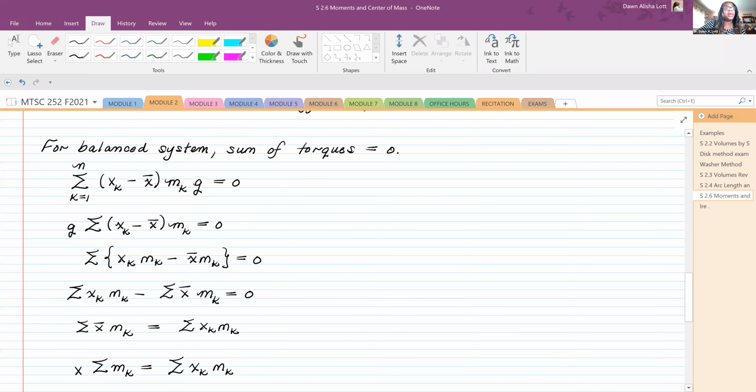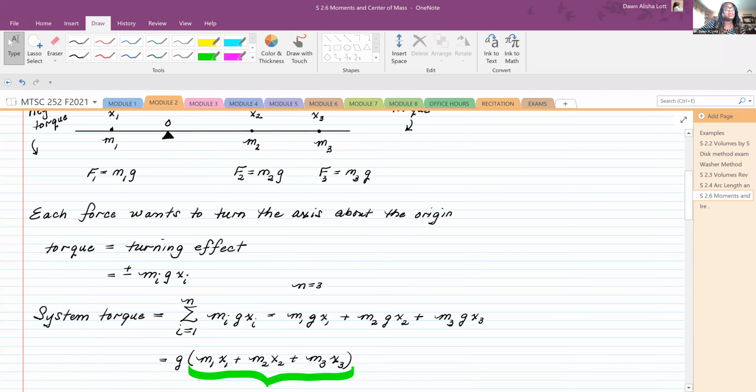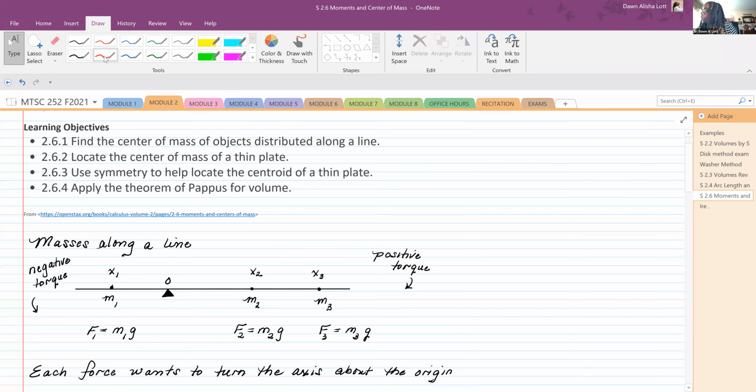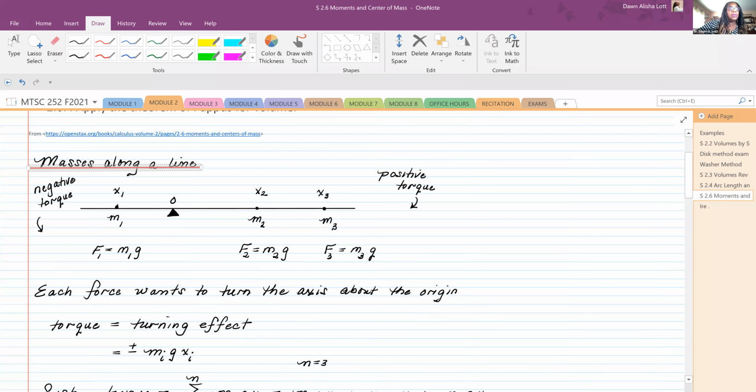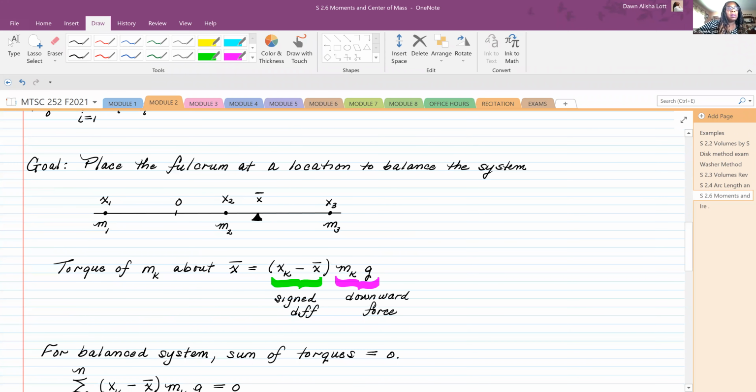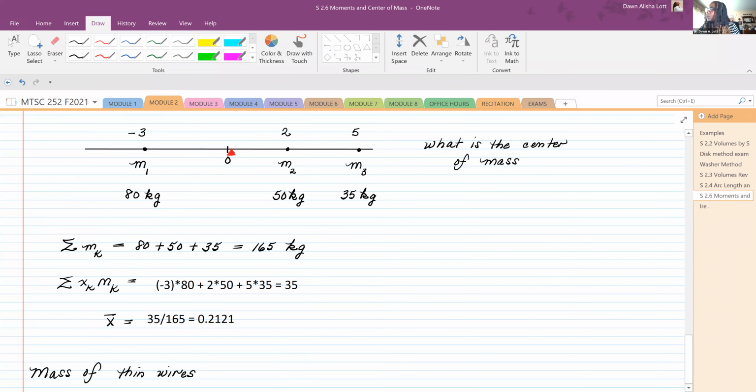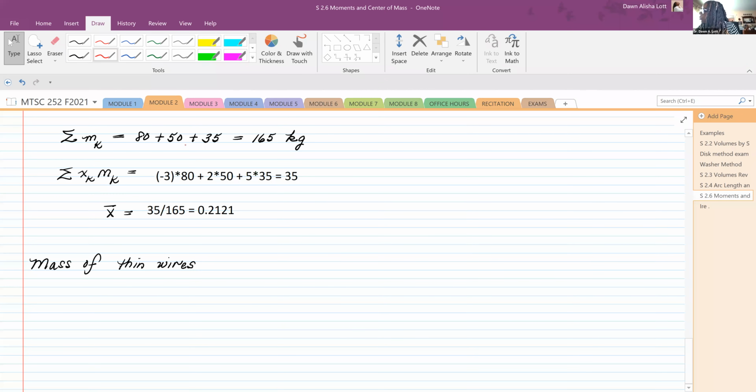I'm going to scroll back to this just for a moment and underline this in red because I like my notes to be neat. And then I'm going to scroll down here and underline this in red because this is the next topic, mass of thin wires.